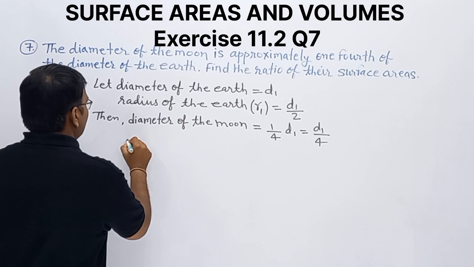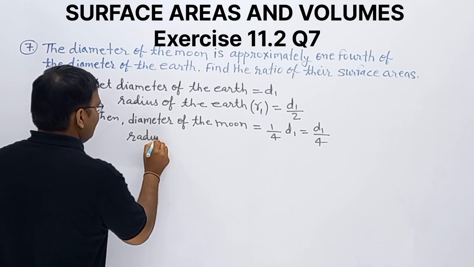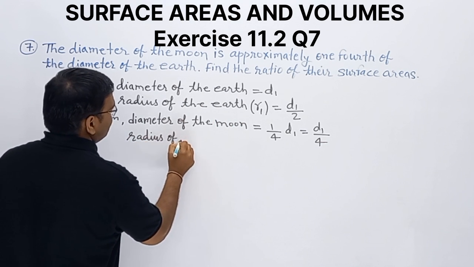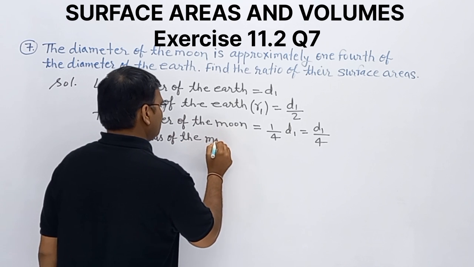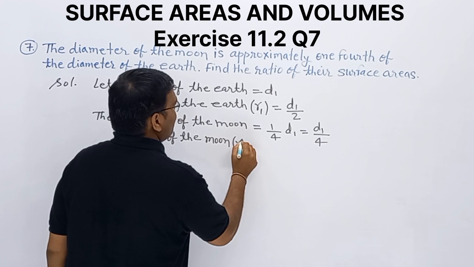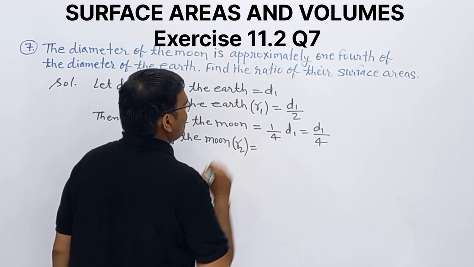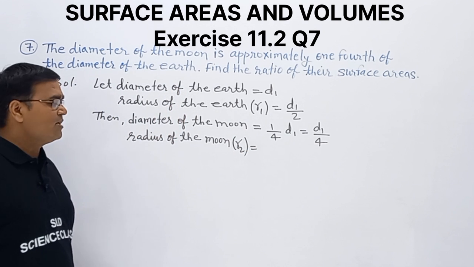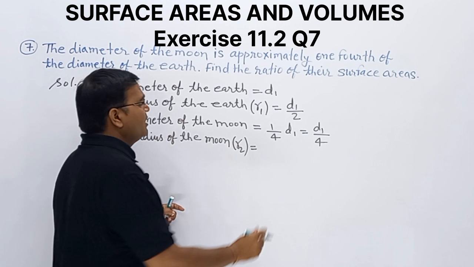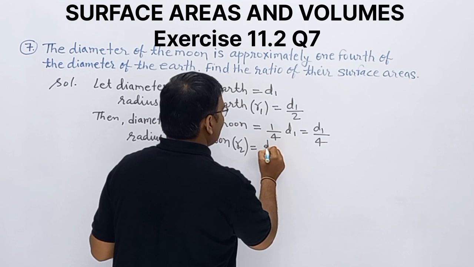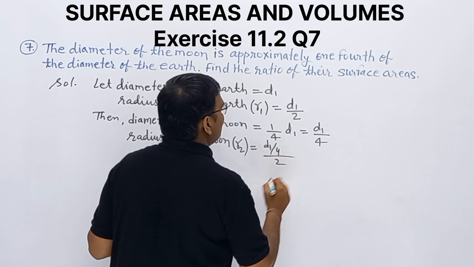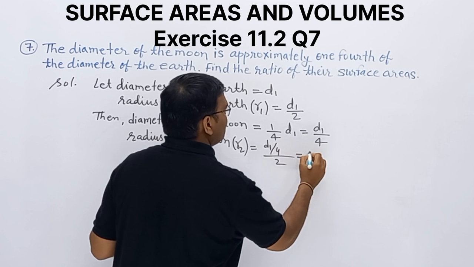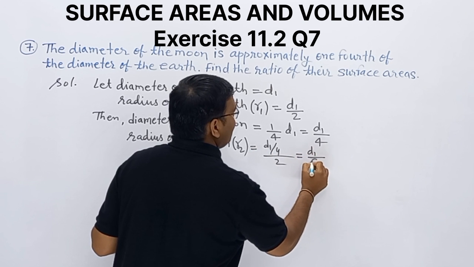So the radius of the moon, I am considering this one as r2, equals half of d1 by 4, divided by 2, and this can be written as d1 by 8.